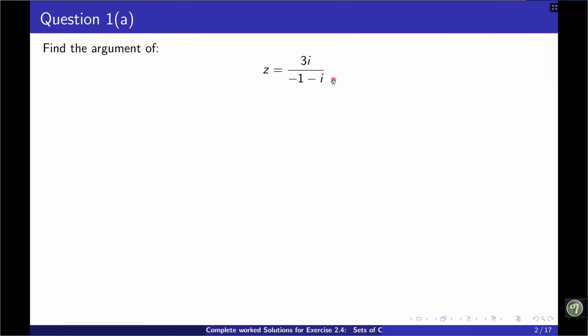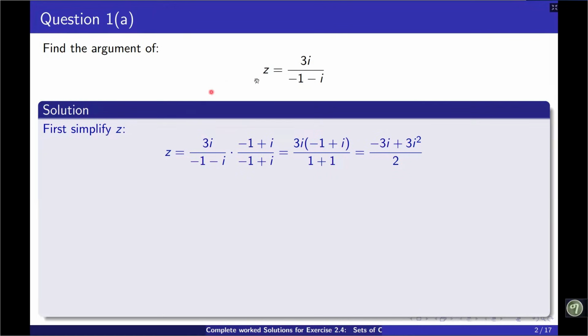To do this, first we have to simplify it. That means we must write it in the standard form, with the real and the imaginary part. So z is equal to 3i over minus 1 minus i, and we multiply both the numerator and the denominator by the complex conjugate of the denominator, which is minus 1 plus i.